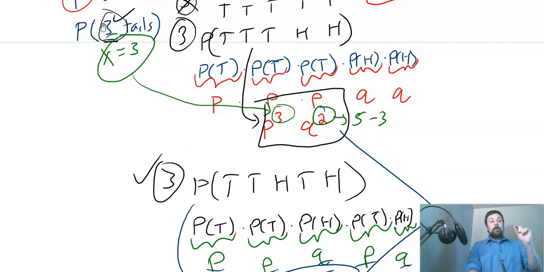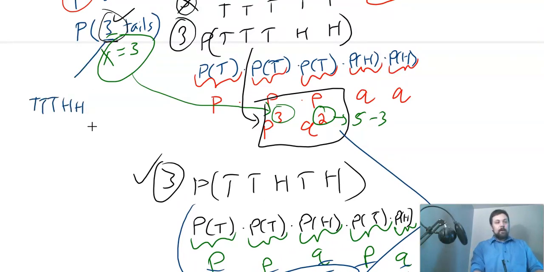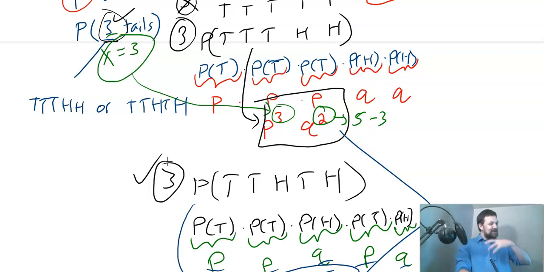But the probability of getting 3 tails, it could be tails, tails, tails, heads, heads, or it could be tails, tails, heads, tails, heads. That's what I meant to say, which is this particular sequence of events.